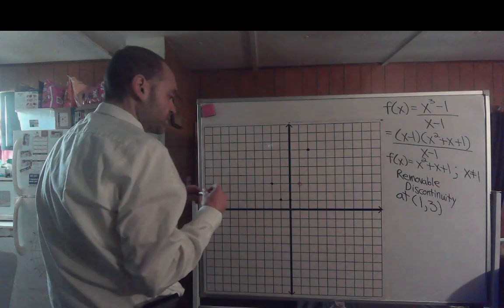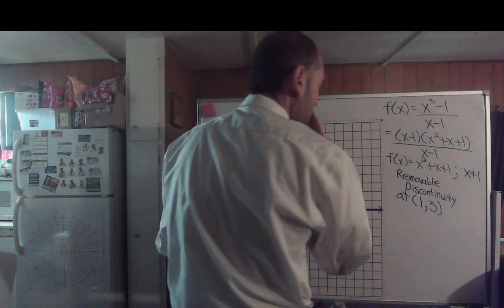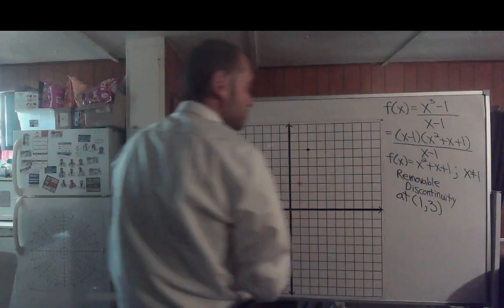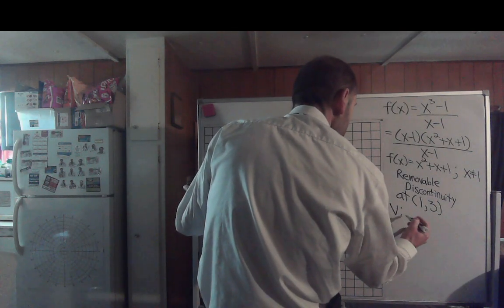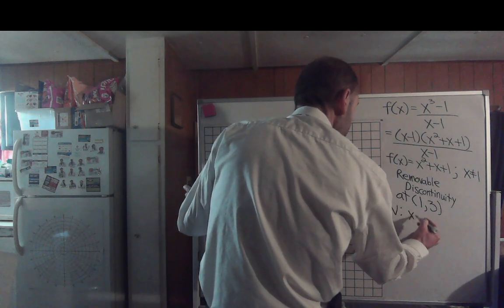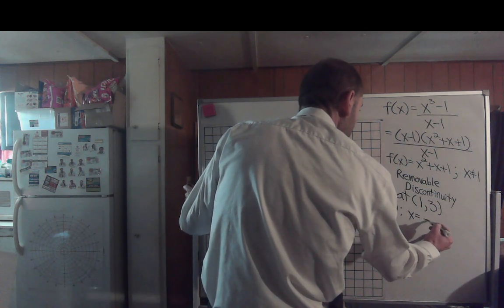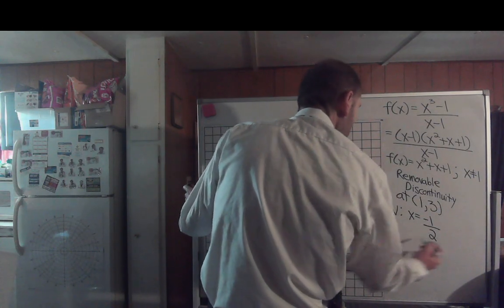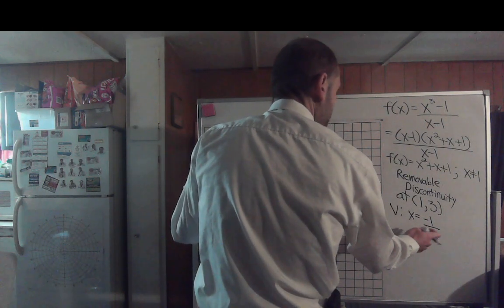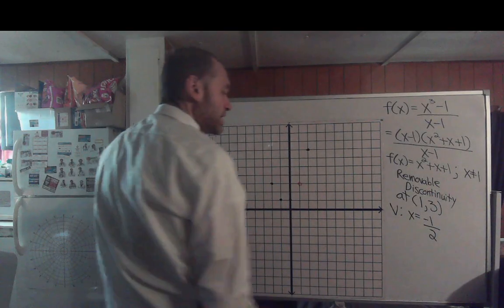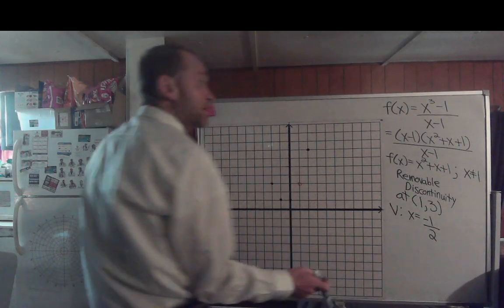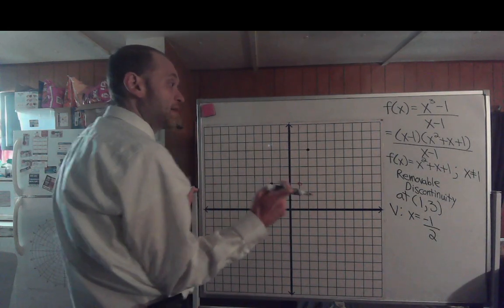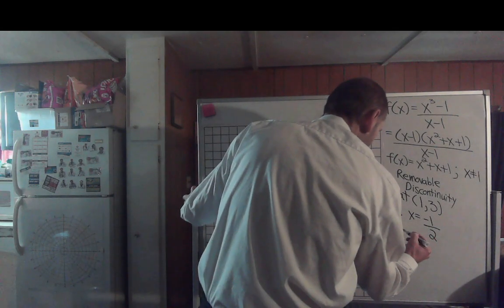Let's find the vertex. The vertex, of course, is negative b over 2a. So the x-coordinate is going to be negative 1/2. If I put in negative 1/2, I would end up getting 1/4 minus 1/2 is negative 1/2, plus 1 is positive 1/2.